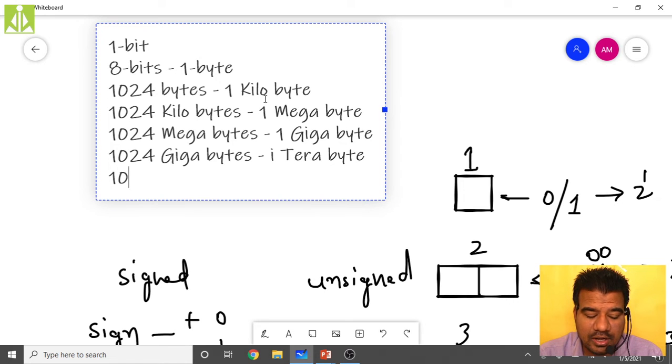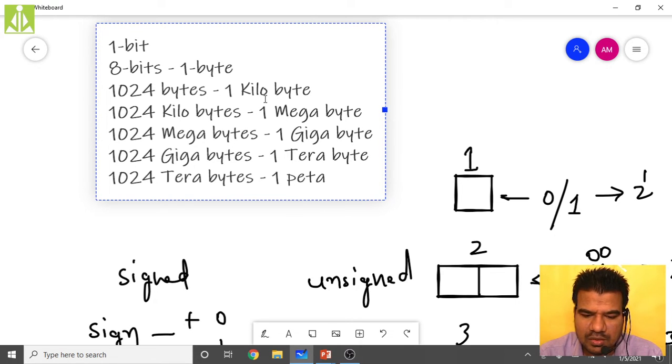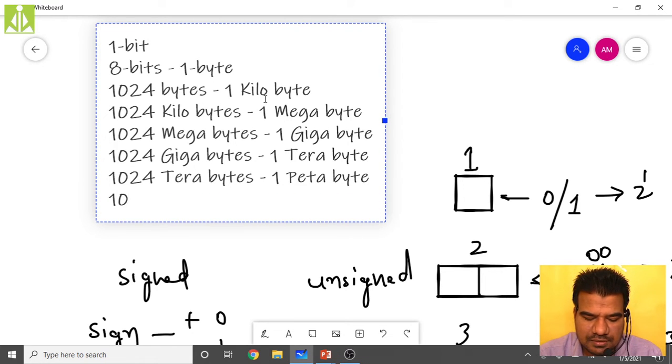Again 1024 terabytes make 1 petabyte, and this one I have to put numerically. Same thing, 1024 petabytes.